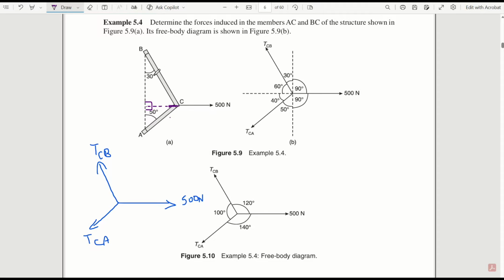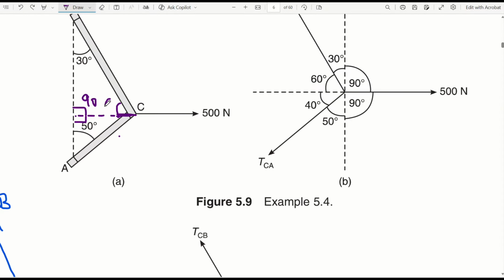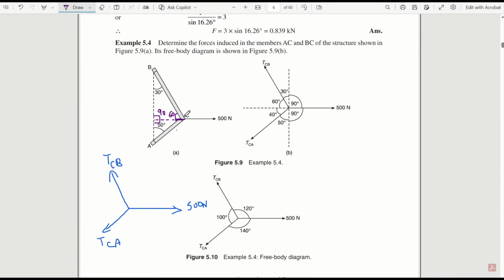Now if this is 30 and this is 90, what is the sum of interior angles of a triangle? 180 degrees, correct? So this angle is 60 degrees, correct?